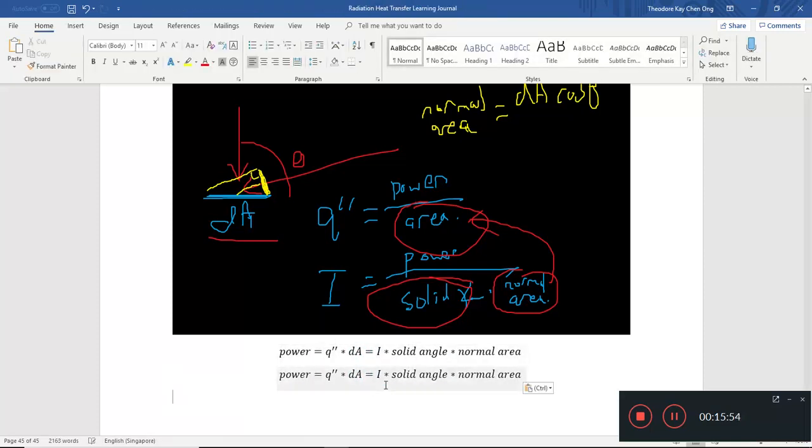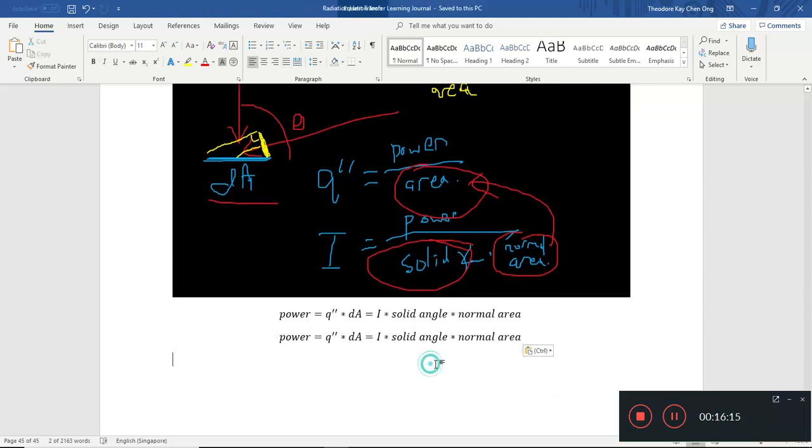So the normal area here is dA cosine theta. However, we also need to do this integration over all the solid angles in order to have the same quantity at both sides.